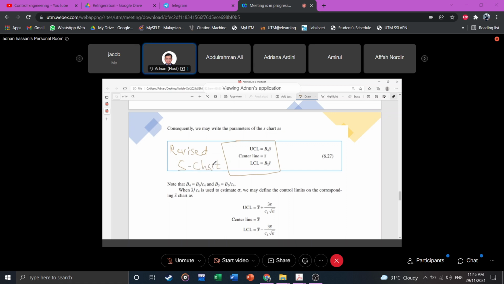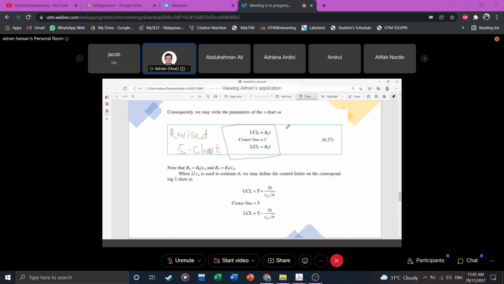Same thing that we do for the X bar chart, we discard the unstable data and recalculate the new limits. If we plot, it looks like that. This is S bar, this is B4 S bar based on estimated data, and this is B3 S bar.